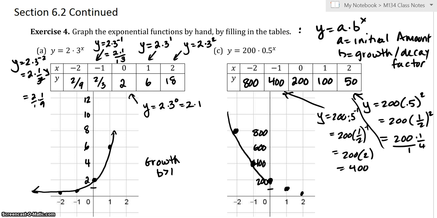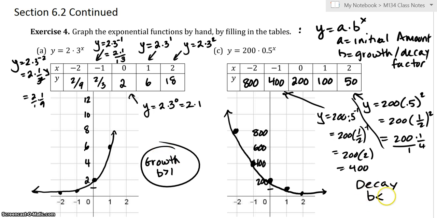That is what this looks like. This is a decay since b is smaller than 1. It's getting smaller. So with the 3, we keep on multiplying by 3. But this is 0.5, so we keep on multiplying by 0.5, or dividing by 2, which makes it smaller.